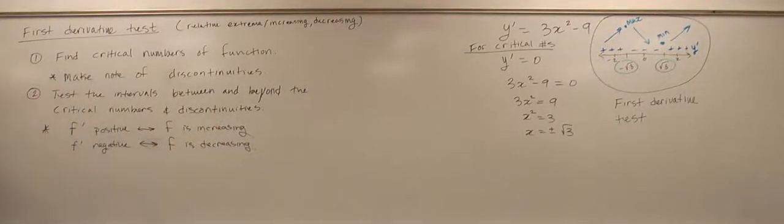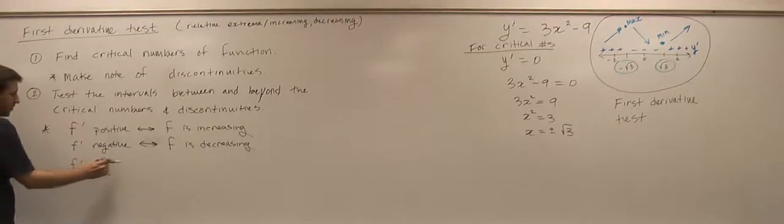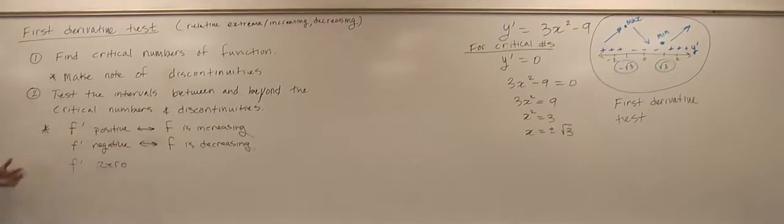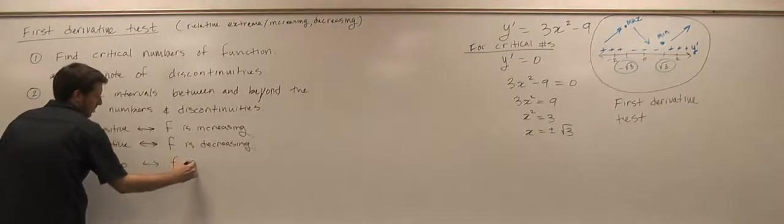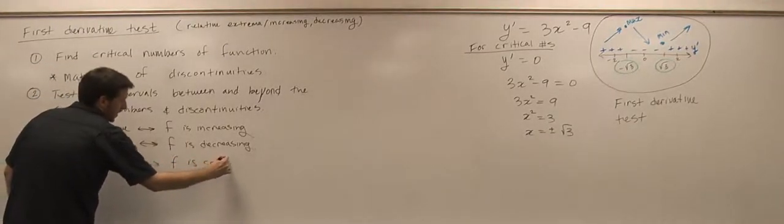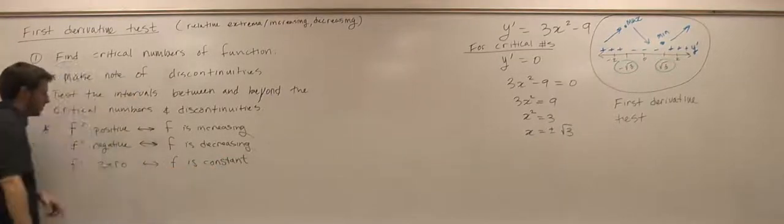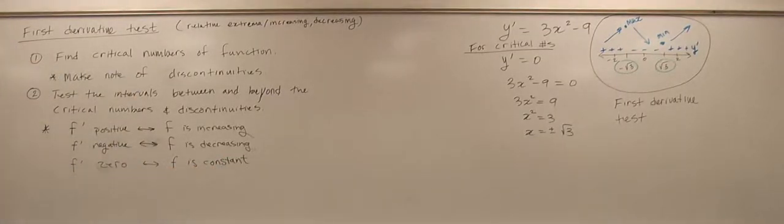If you happen to get f prime 0 for a whole interval, what do you think that means? If f prime is 0 for an extended amount of x values for an interval, then f is constant. So if you take your derivative and just get the 0 function, and the original one is constant.